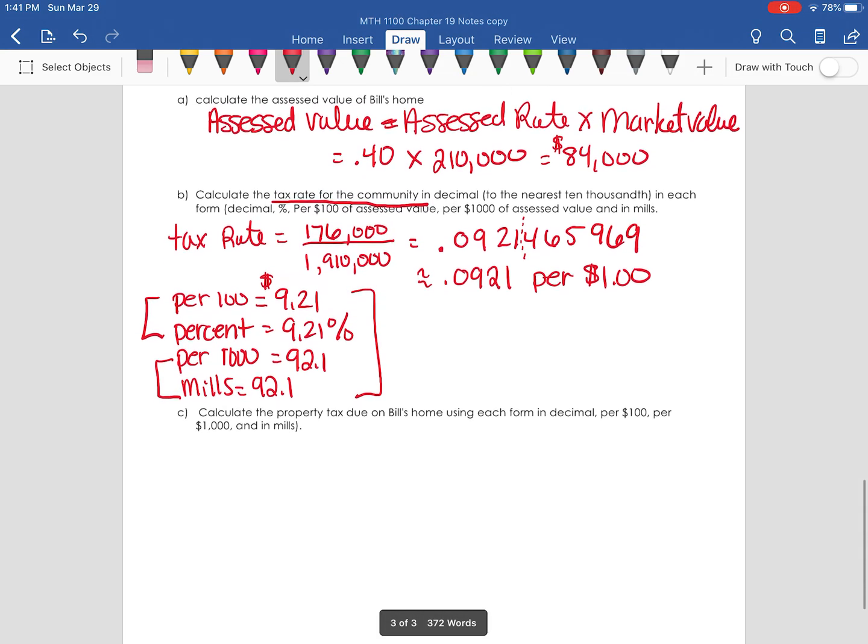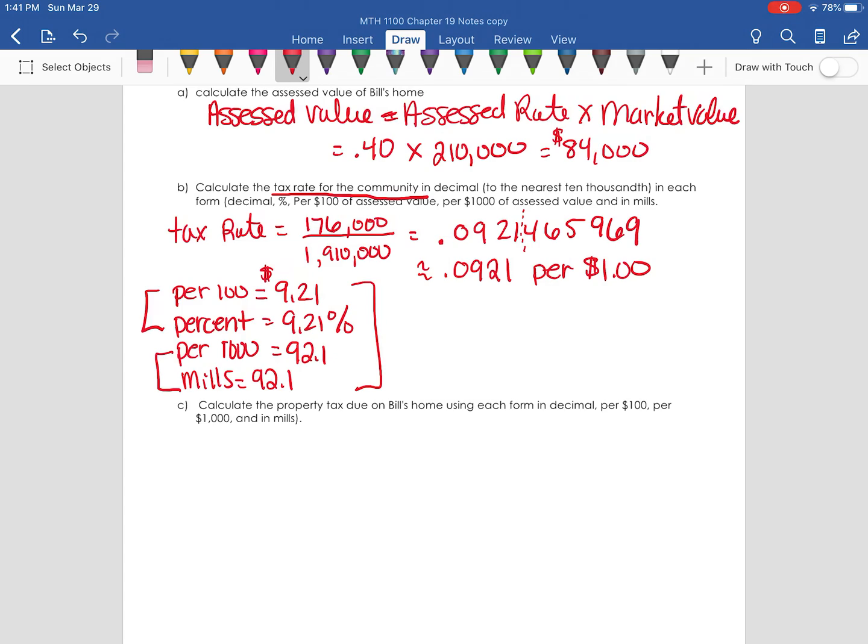Part C says, calculate the property tax on Bill's home using each form: in decimal, per 100, per 1,000, and in mils. So we're going to calculate his taxes, but we're going to calculate it 5 different times, with each of the different forms.